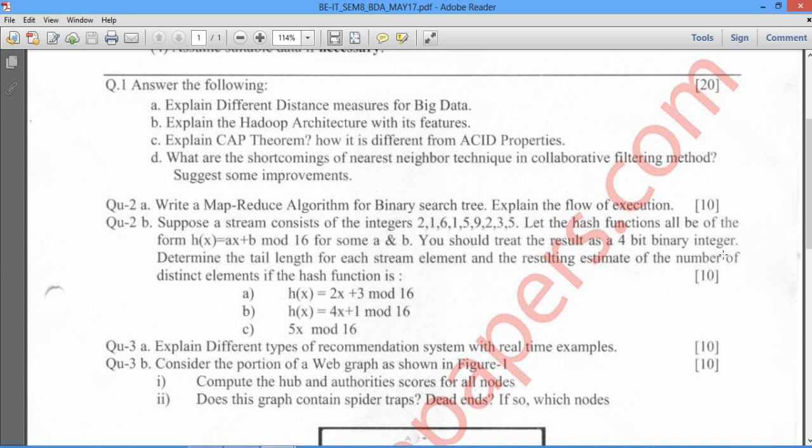Here they are specifically saying that you have to take a 4-bit binary integer. So for this particular sum or similar types of sums, we will have one more video where some more information about the FM algorithm will be given. Most of the time, if you refer to the question papers, these 2 or 3 questions are only being repeated. So you can see that.